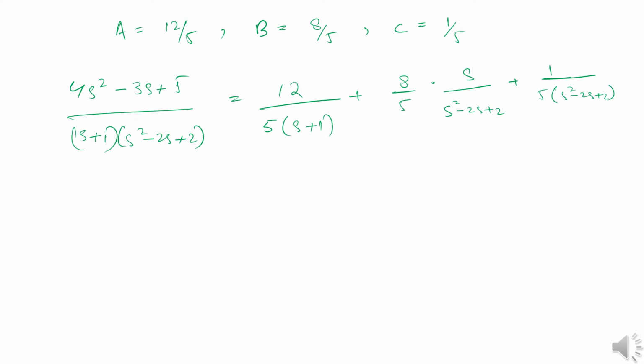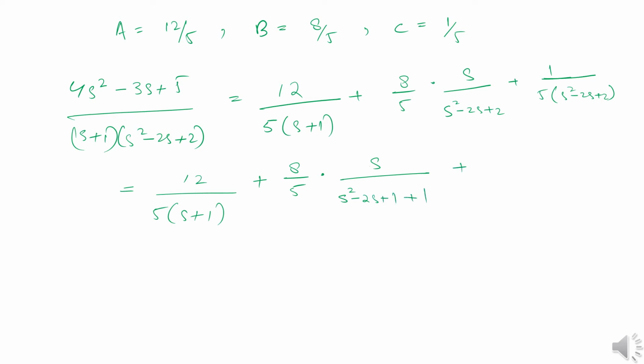Now we see that it's a lot easier to solve this problem. Before embarking on the inverse transform, I will make some simplifications in the denominators. It is the same as here, and then plus 8 over 5 multiplied by s divided by s squared minus 2s plus 1 plus 1.